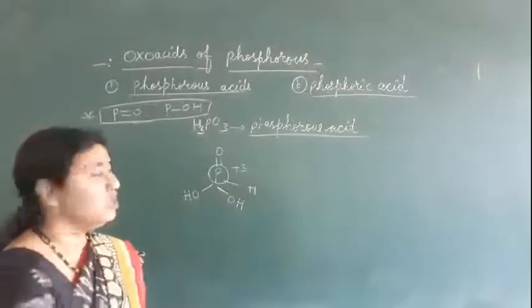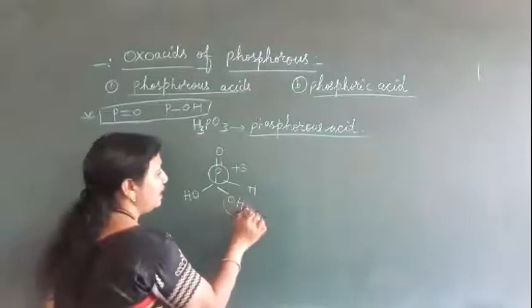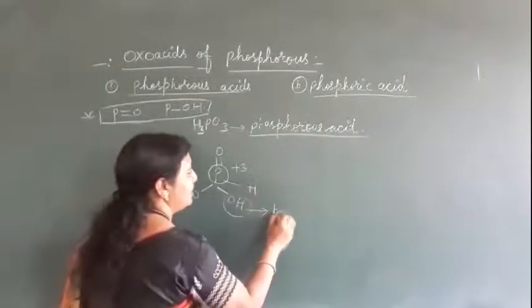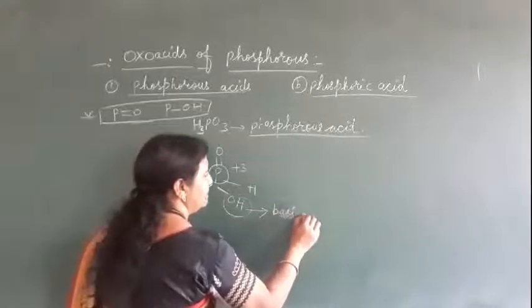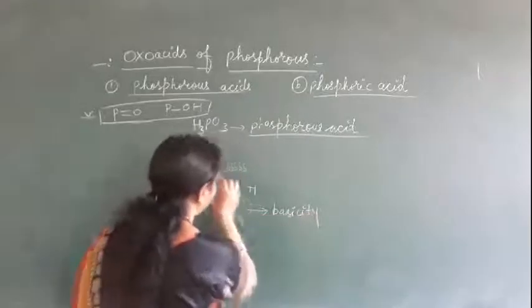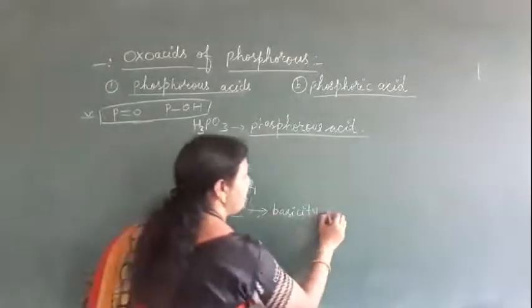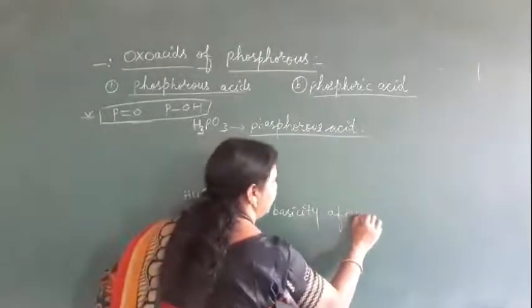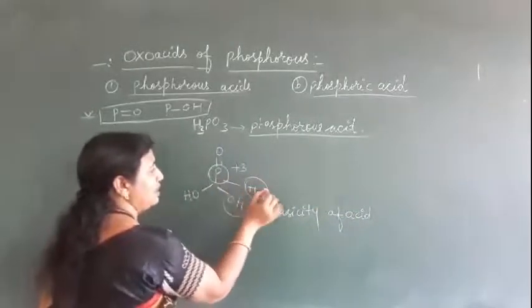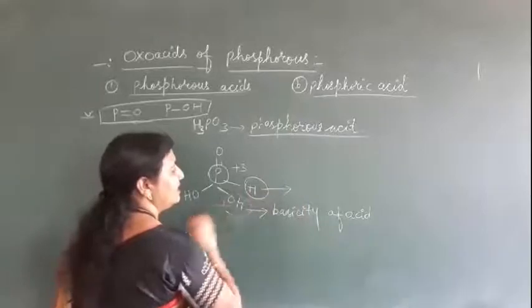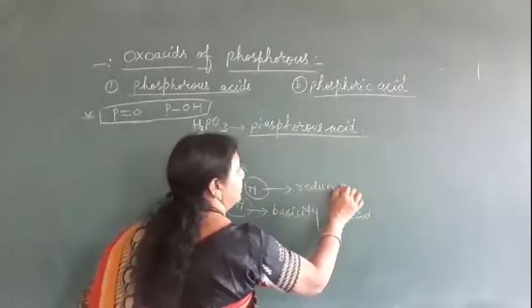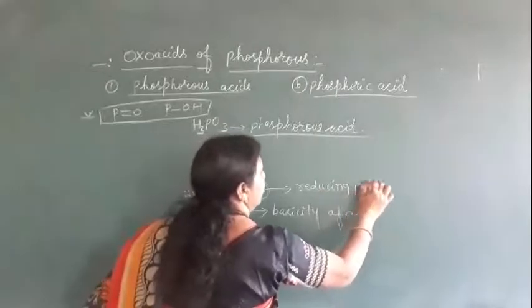The OH bonds, the POH bonds, describe the basicity of the acid. And this PH bond describes the reducing property of the acid.